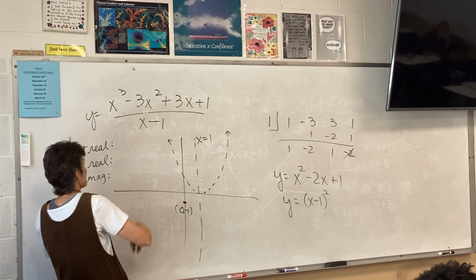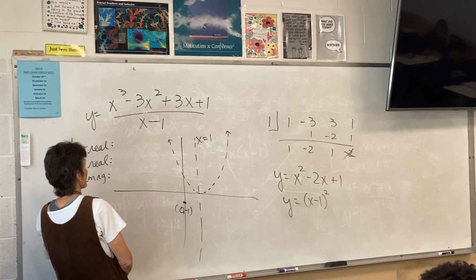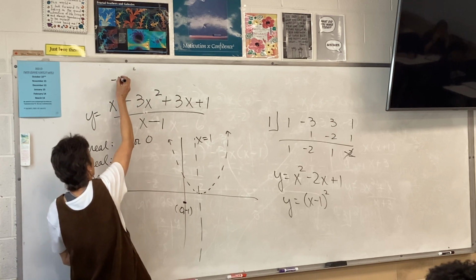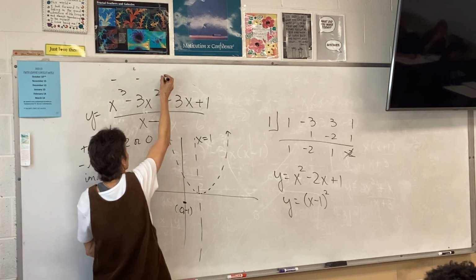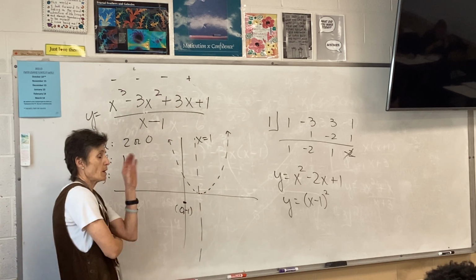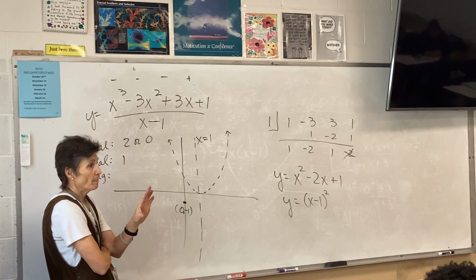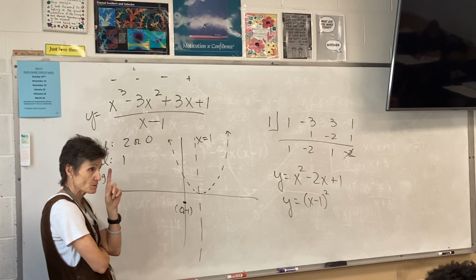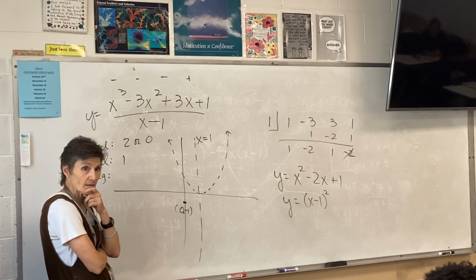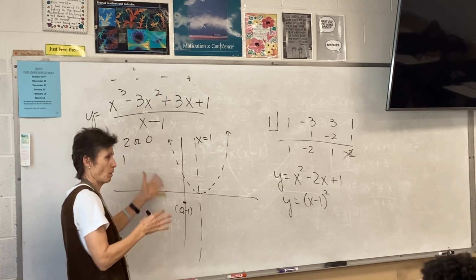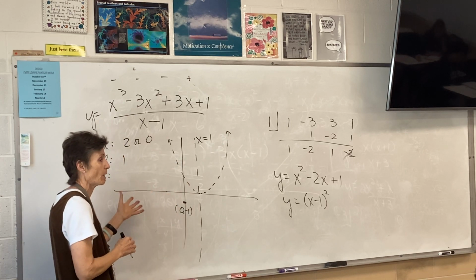So how many sign changes in the problem as it stands? 2. And if I put in a negative, there's 1. So I don't know where, but I know for sure I cross the x-axis 1 time on the negative side, right? Somewhere over here, there's a negative 0.